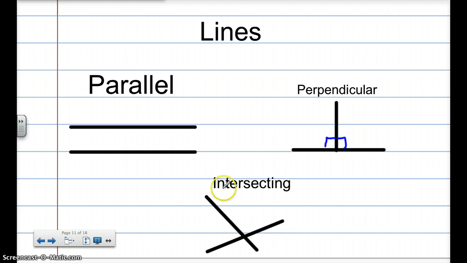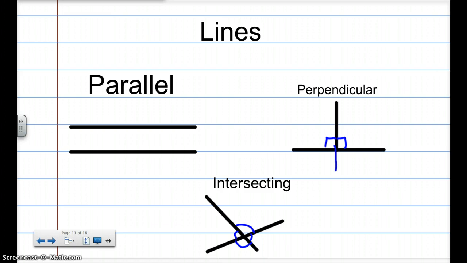They intersect, but like this angle is obtuse. And this angle is acute because it's little, and this angle would be obtuse. So there's no particular degrees that they have to be, but they don't always have perfect 90-degree angles, because if they did, they would be perpendicular lines. If you extended this, you can still say that it's perpendicular.